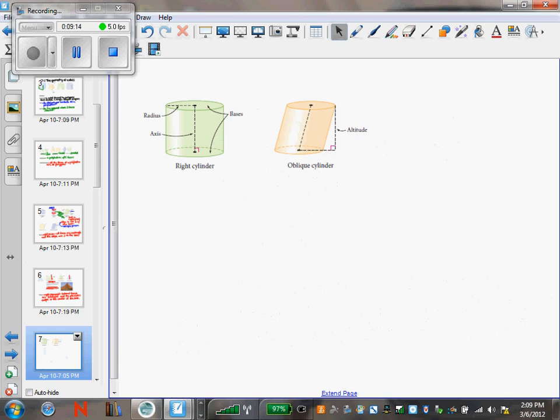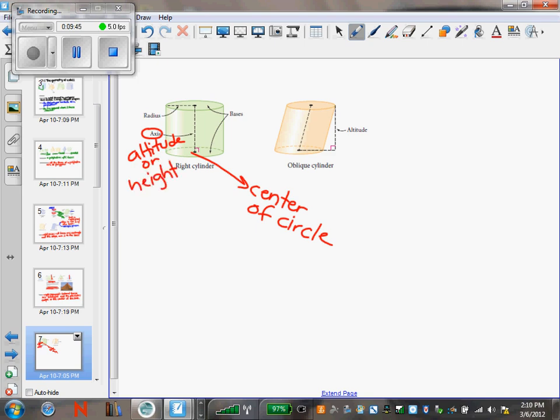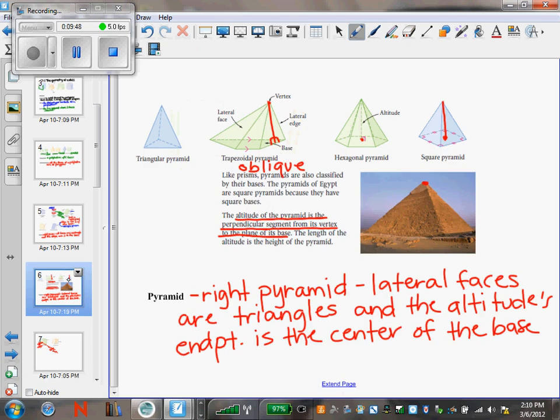Here is a picture of a right cylinder. The altitude, again, is perpendicular with the base and is in the center of the circle. And this here says axis, I would call that altitude. It will also be the height. Probably would not be a bad idea for you to draw that in here. The length of the altitude will be the height.